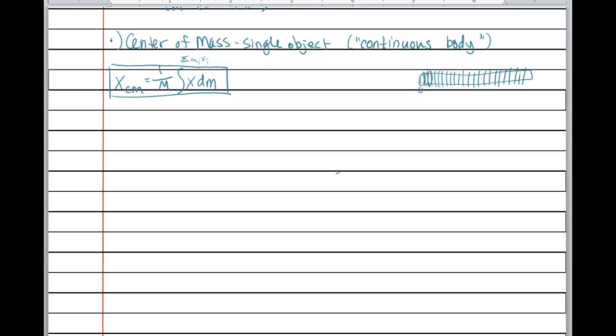All right, so that is the equation we use, and we're adding up all the positions with respect to the mass of those tiny little pieces.